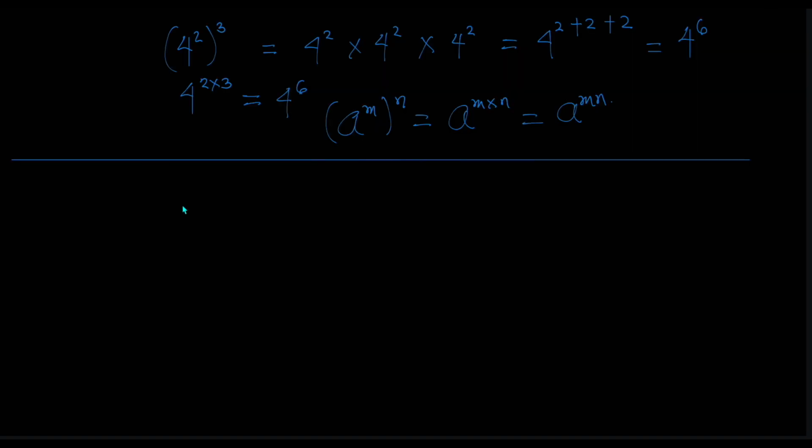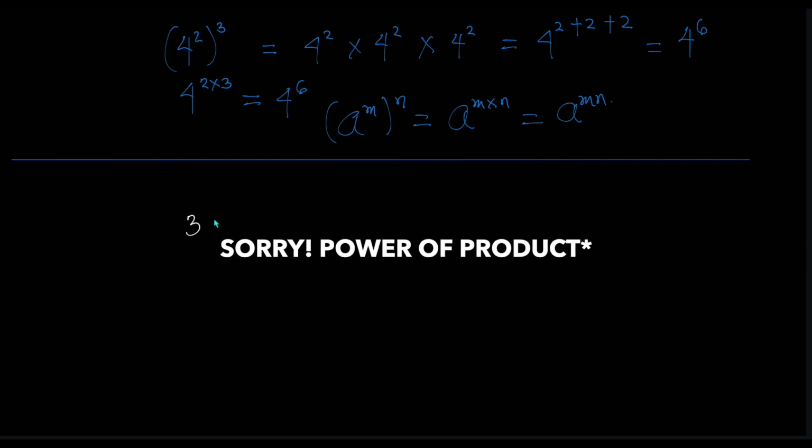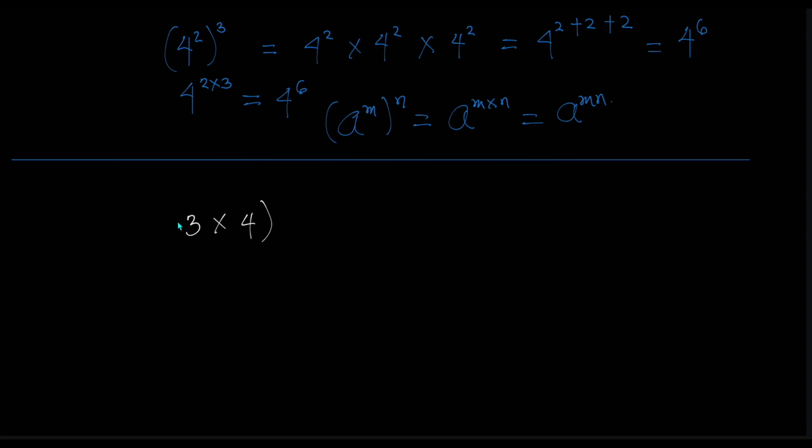Also, you can have to raise a product to a power. Take for instance, you have 3 multiplied by 4, all raised to the power of 3. This can be written as 3 raised to the power of 3 multiplied by 4 raised to the power of 3. That is, this exponent affects each of the bases that you have in the parentheses.